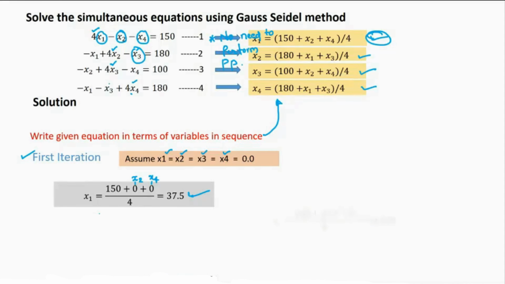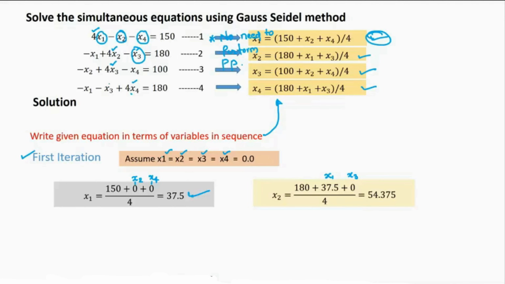Next, we have to compute the x2 value. For computing x2, you can see what the equation of x2 is here: x2 is equal to 180 plus x1 plus x3. So this is the value of x1 and this is the value of x3. Now see, in this case, you have to remember we always have to use the recent value of a variable. What is the recent value of variable x1?